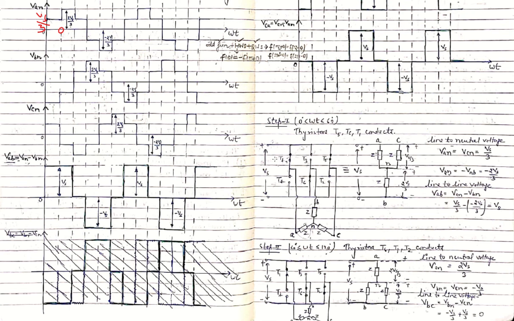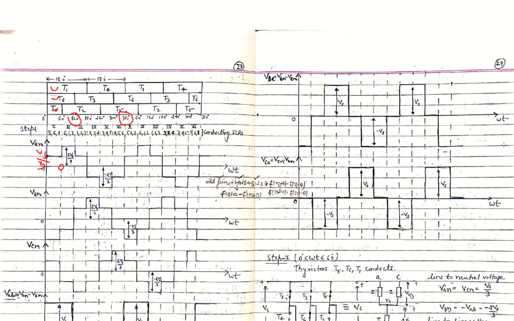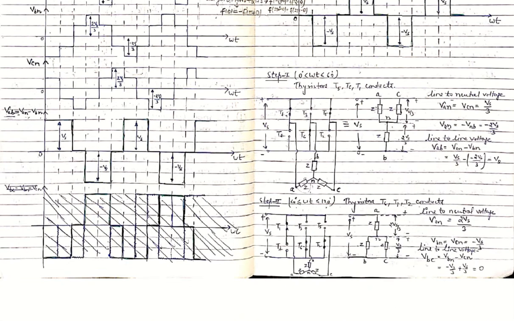And what is the value of the line voltage, that is Vbc? Vbc is Vbn minus Vcn. So from 60 degrees to 120 degrees, it will be drawn on the x-axis, that is 0 voltage. But if we calculate Vab, what we will do is Van minus Vbn.